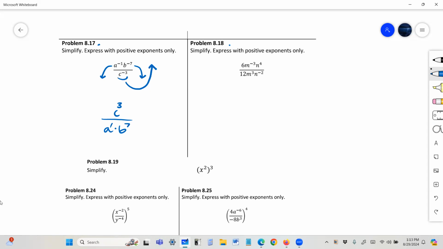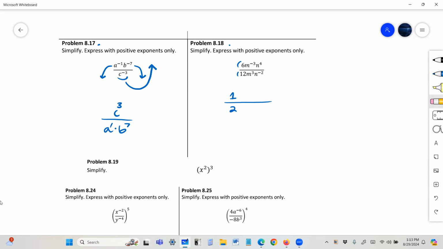Now, the 818 is a more general problem where we have two variables, we have product rule, and we have quotient rule. So first we take care of the 6 divided by 12. Now we can't completely divide this, so the best we can do is simplify by 6, right? So 6 goes into 6 once, and 12 goes into 6 twice. So this is as far as I can simplify.